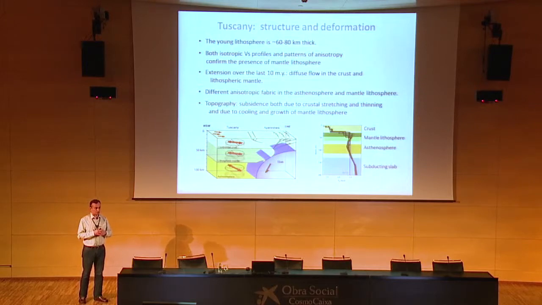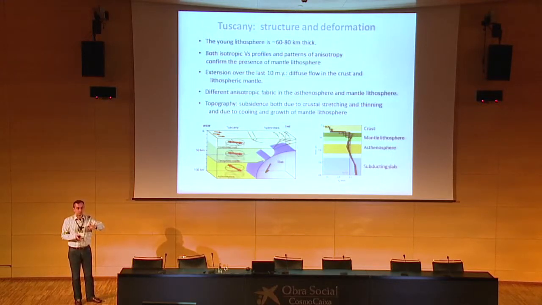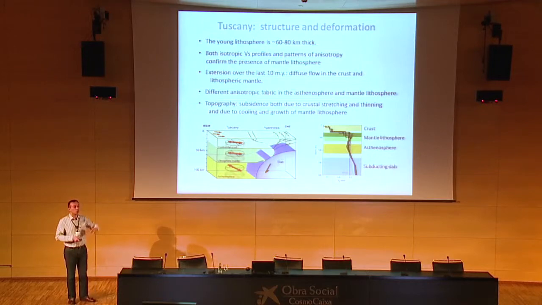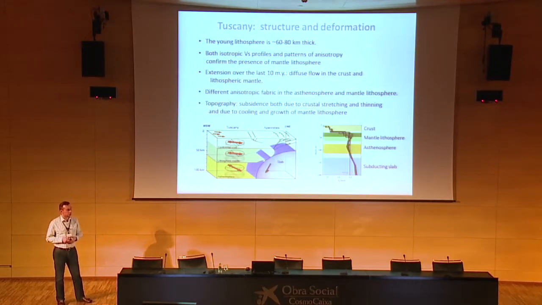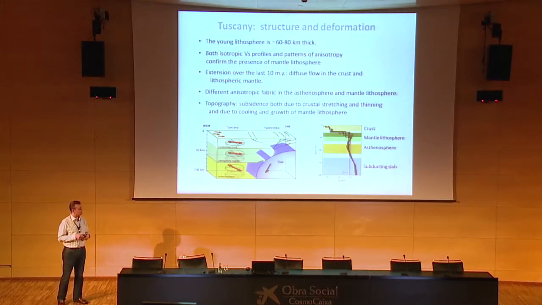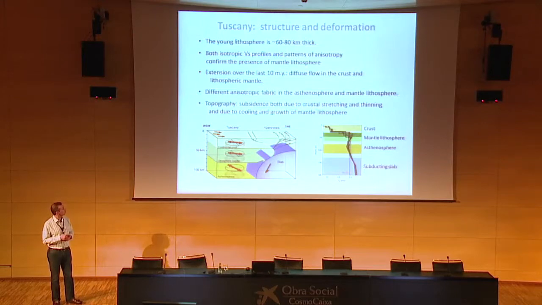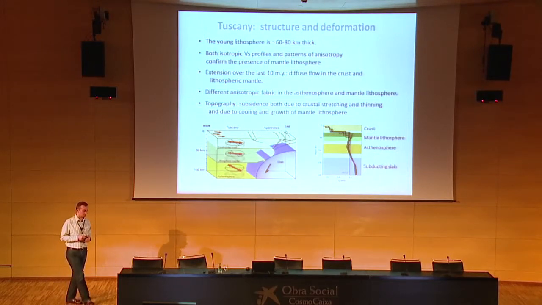To completely equilibrate it takes time, of course, but to maintain a situation with no mantle lithosphere is very difficult. It will grow by a few tens of kilometers very quickly. So this is apparently what happened in Tuscany. And the influence on topography of both the stretching of the crust and the growth of mantle lithosphere will be subsidence.